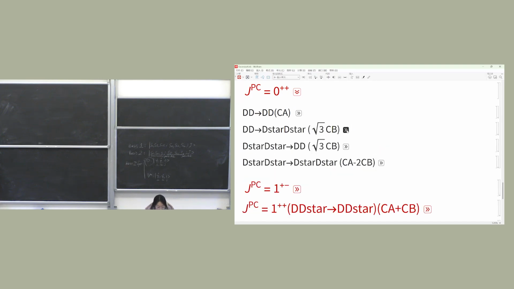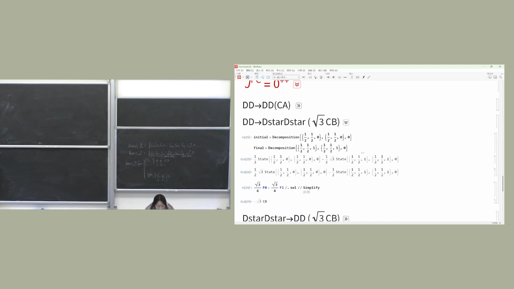Then let's focus on DD to D star D star. It's the same. The initial state DD is the same as in the previous case, and for the final state, because here is D star D star, for D star it is 1/2, 1/2, 1, for the first D star, and the second D star is also 1/2, 1/2, 1, and the final spin of the whole system is 0.